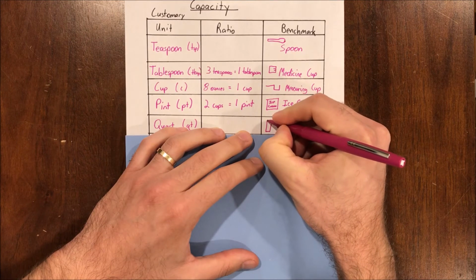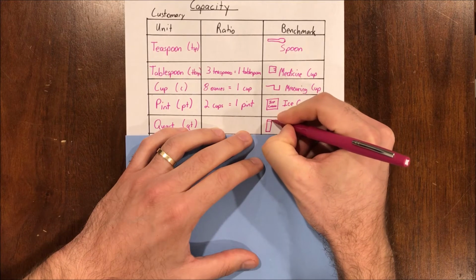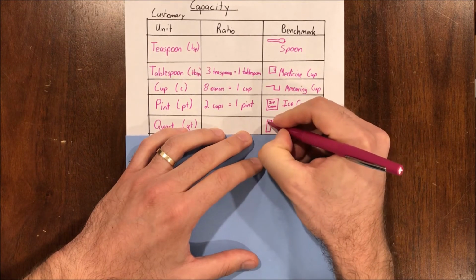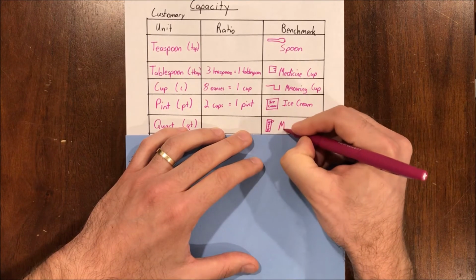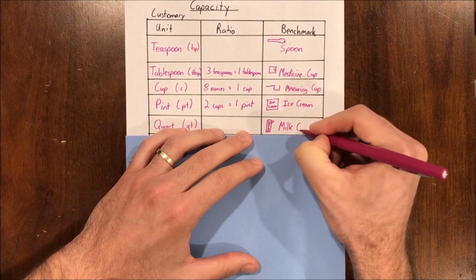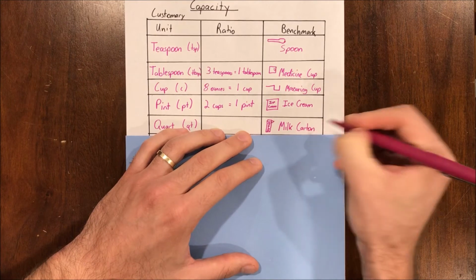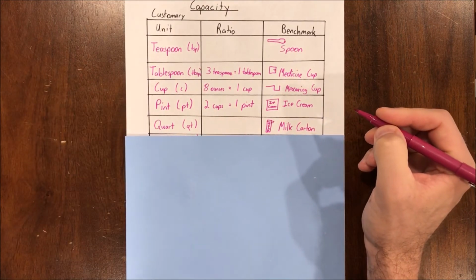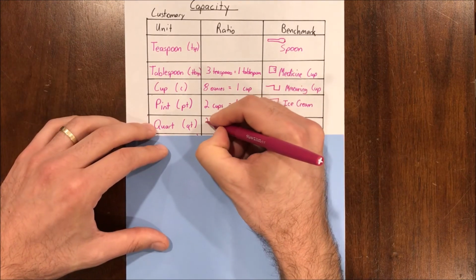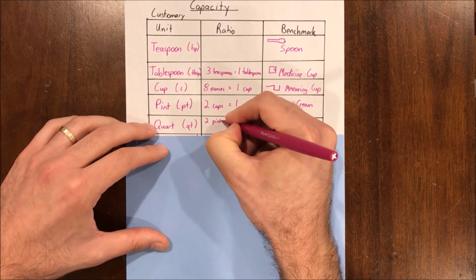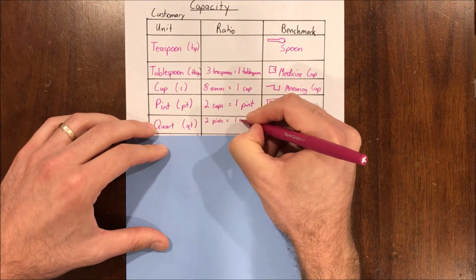And the carton has the little top with a little spout you can pour from, and it says milk. So we're going to say a milk carton. That's our benchmark. And there are 2 pints in 1 quart.